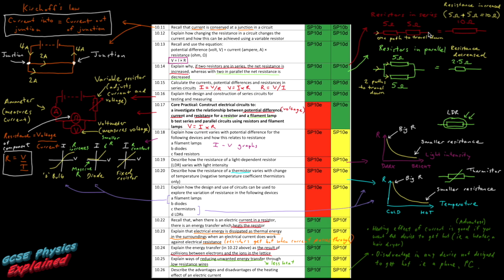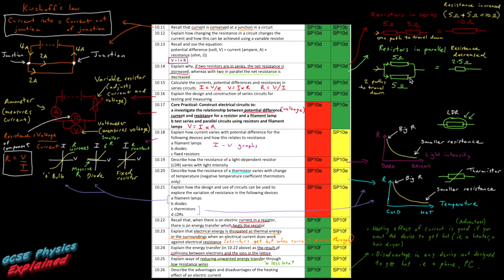So that would be the equivalent of going through a 10 ohm resistor, because there's only one path to travel down. Whereas resistors in parallel, there's 2 paths or more to travel down. So that gives the current the opportunity to take one of 2 paths. So it doesn't have to go through both resistors, it goes through one or the other.